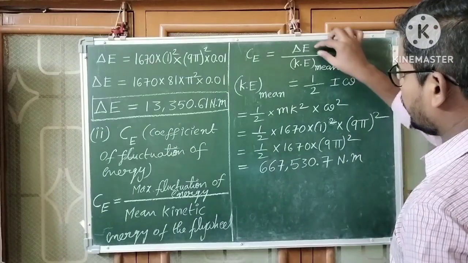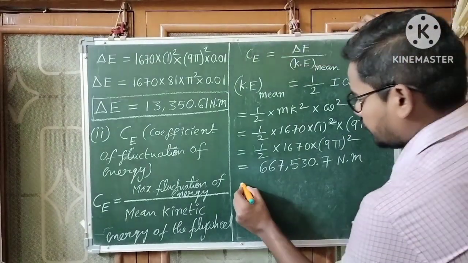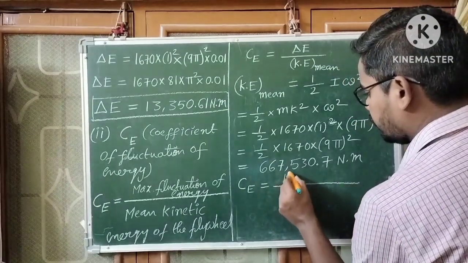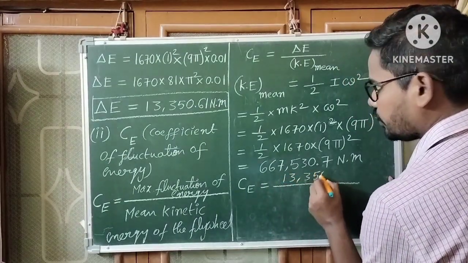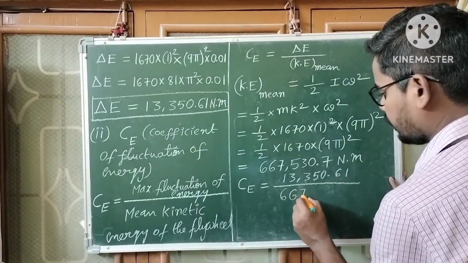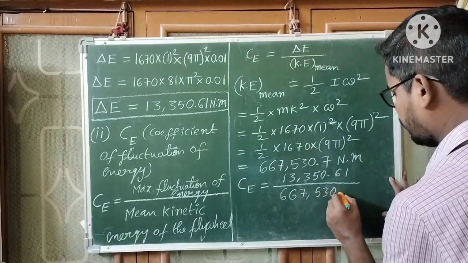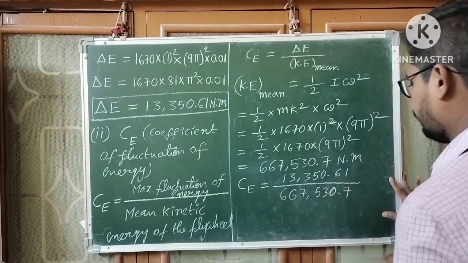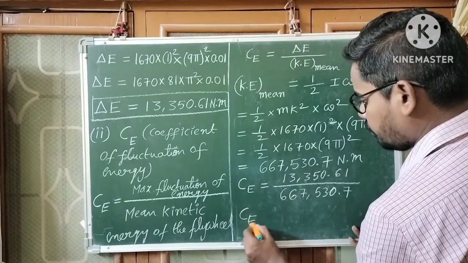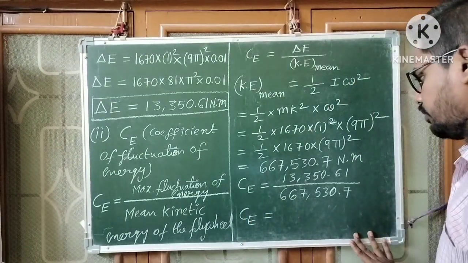So now using delta E and KE, we can find CE. The coefficient of fluctuation of energy is equal to the maximum fluctuation of energy, 13350.61, by 667530.7 Newton meters.